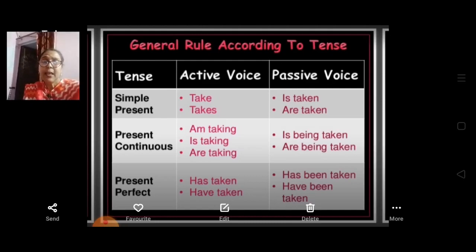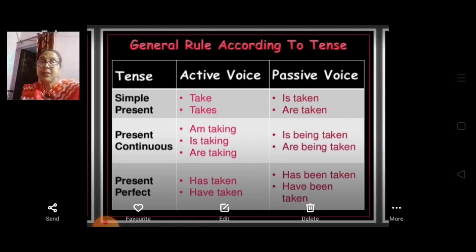In present tense, if it is written take, in passive voice it will become is taken. If it is written takes in active voice, it will become are taken. In present continuous tense, am taking becomes is being taken. So being will be there and the past participle will be there.